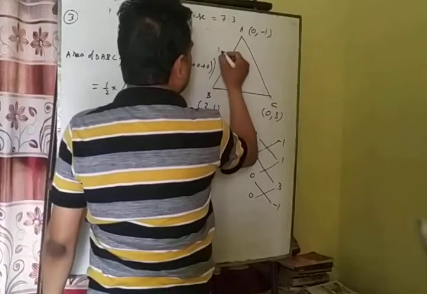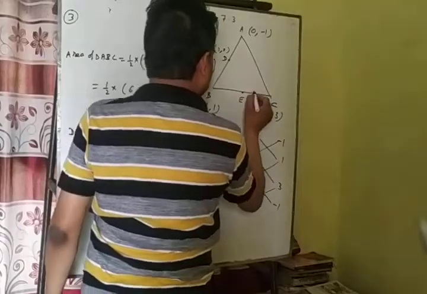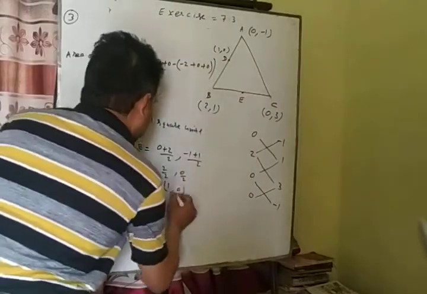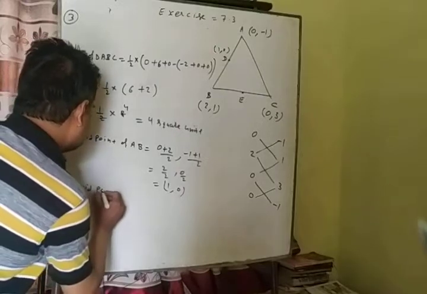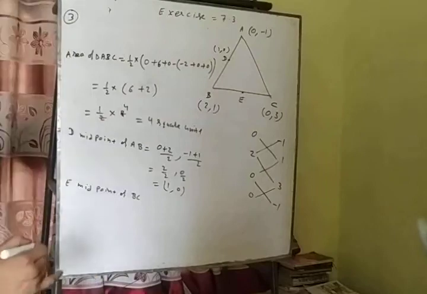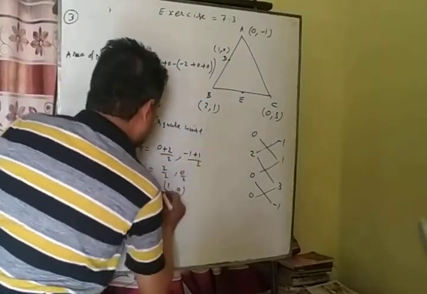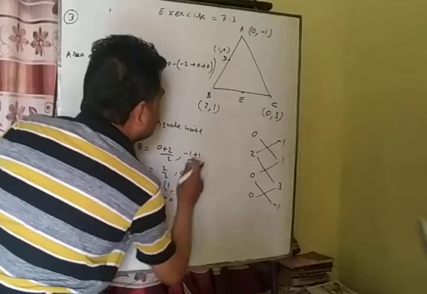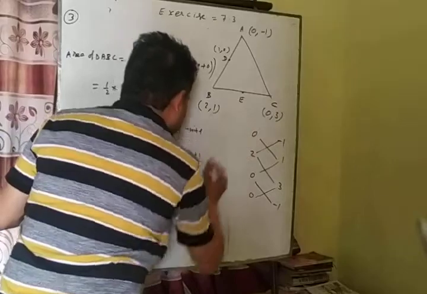Value of D is (1, 0). After that, E, midpoint of BC. E, midpoint of BC is equal to 2 plus 0 by 2, comma 1 plus 3 by 2.